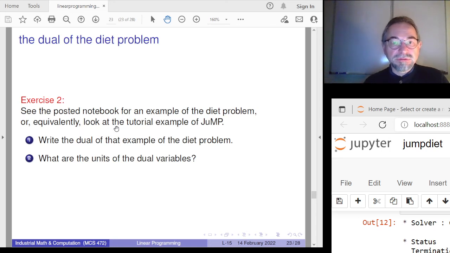Okay, so for our diet problem, we looked at the diet problem. So what is the dual of the example? And what are the units of the dual variables? The units of the primal variables were how much of each food group.